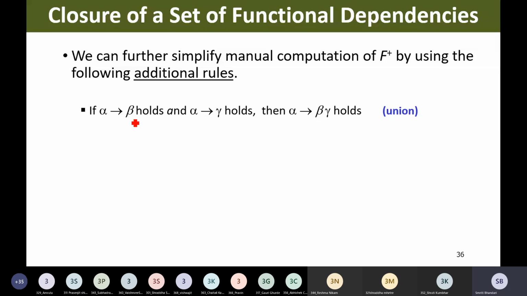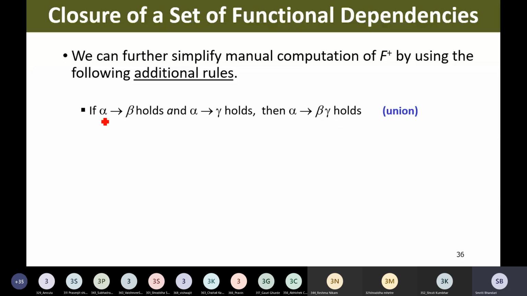If alpha determines beta holds, and if alpha determining gamma also holds, then we may come up with a new functional dependency, that is alpha determines beta gamma.